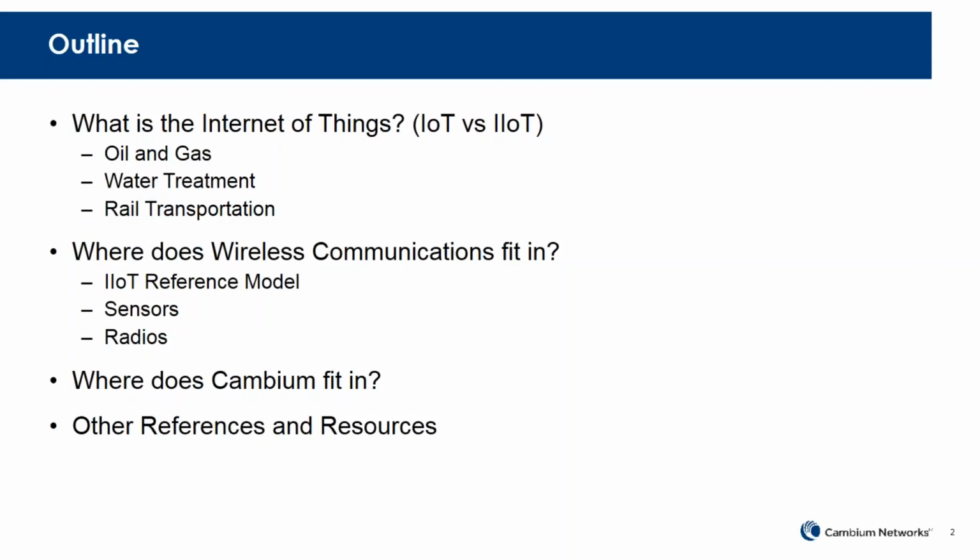I'll give you an IIoT reference model, which will help you decide, when you're talking to a company or talking about a piece of technology or a product, how it fits into the overall IoT. We'll talk a bit about how sensors tie together with radios and then feed that information back into the cloud for analysis and action. We'll talk about how Cambium fits into all this, and then I've got some other references and resources to follow up if you want to learn more.